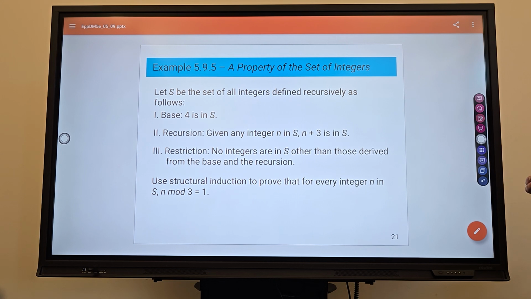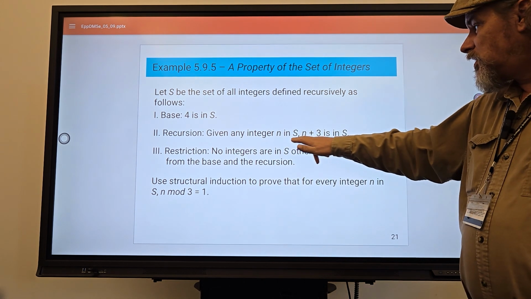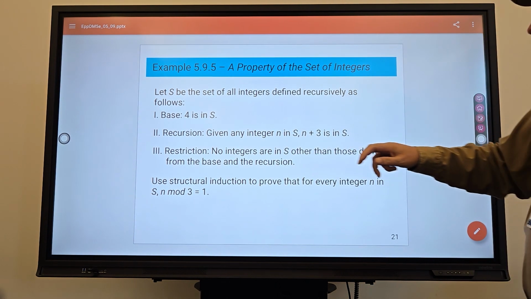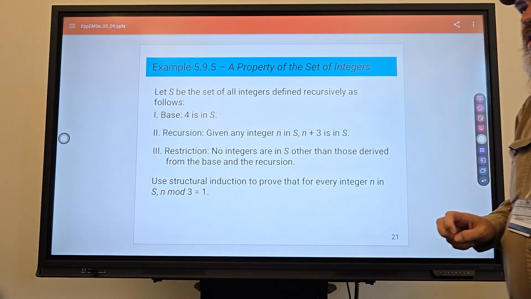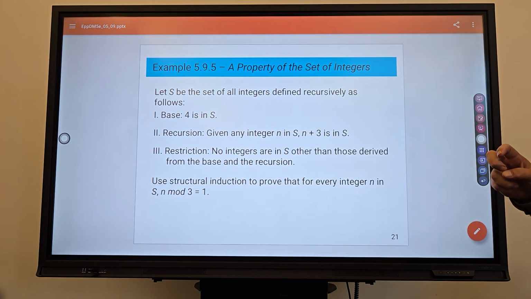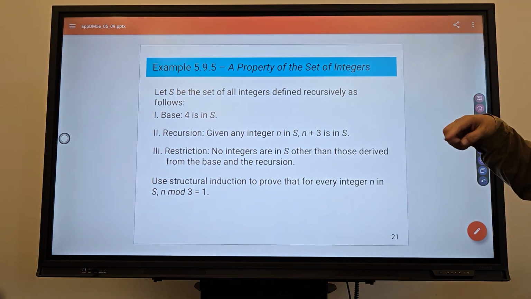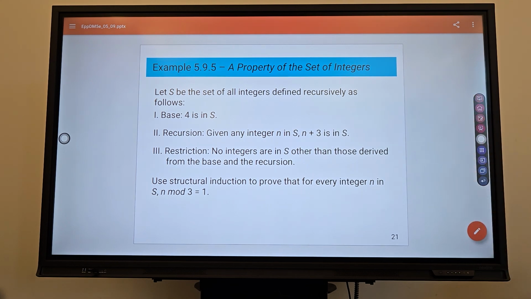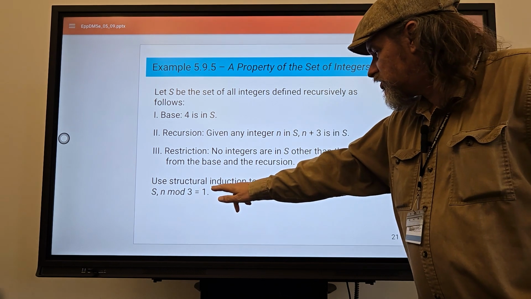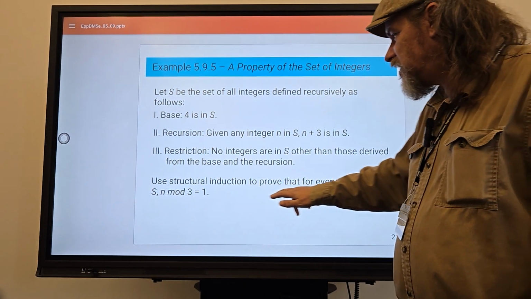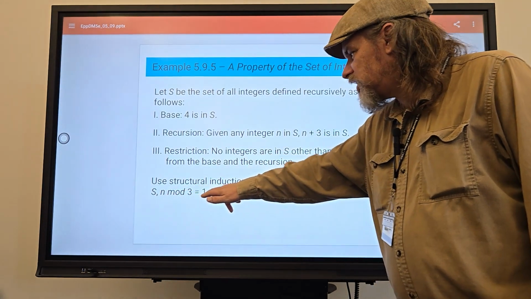If n is any integer, n plus 3 is, and the base is 4, it would be 4, 5, 6, 7. Yeah. Use structural induction to prove that for every integer n, n mod 3 equals 1.